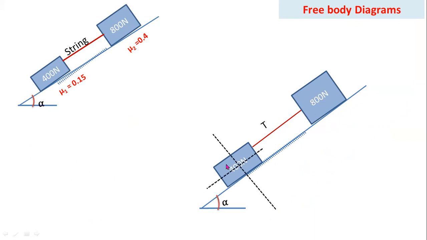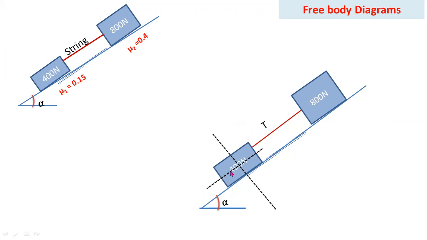Here capital T is the tension in the string. Already we know that the tension or tensile force induced in the string is T. Now you have to consider a parallel reference line and a normal reference line.